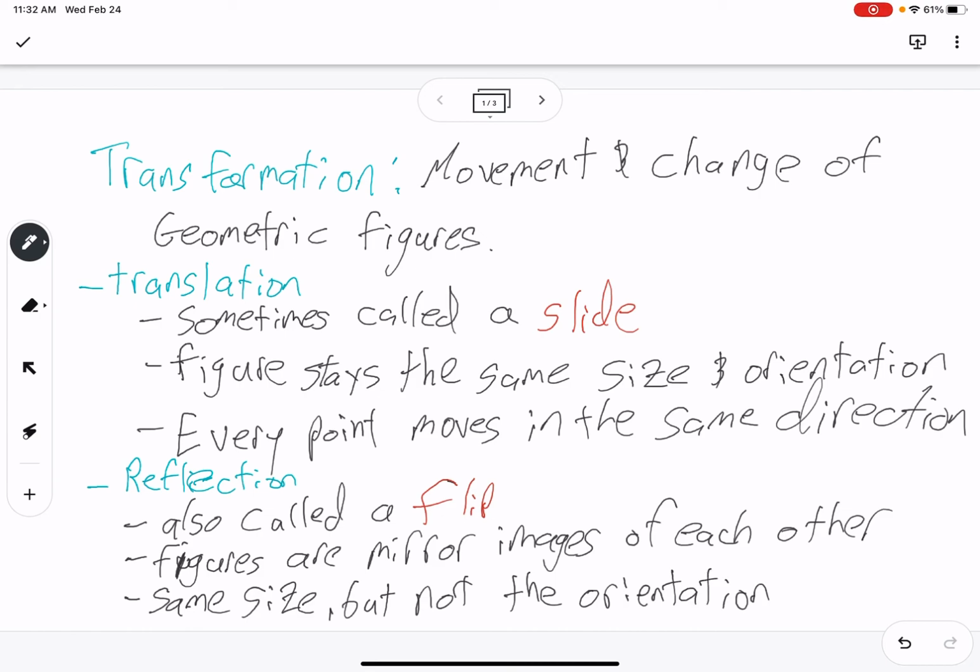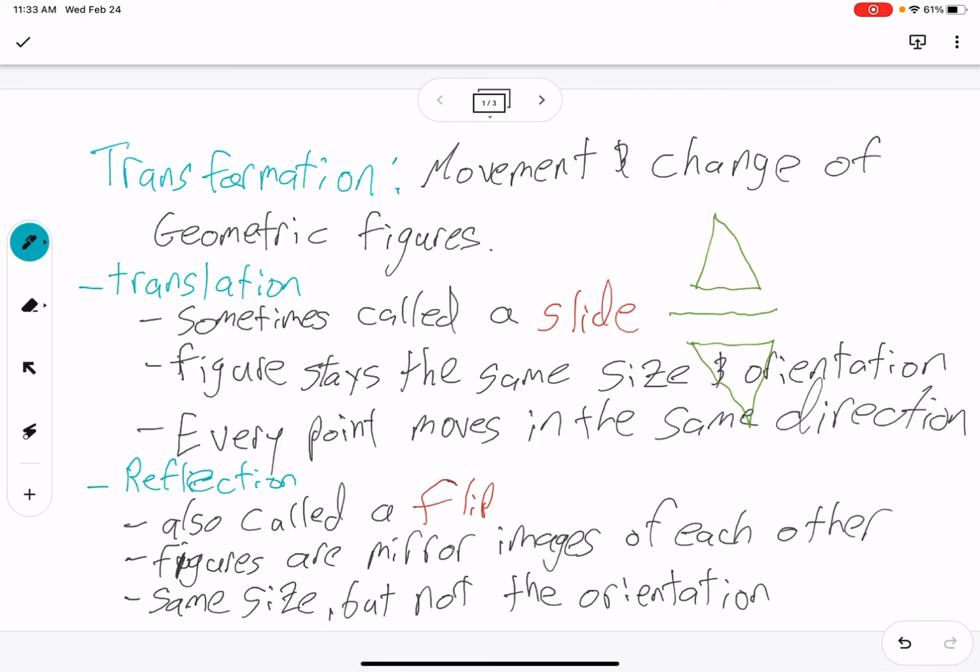So an example, let's say I'm drawing something here. If I have a, let's see, I've got a triangle and I flip it across this line of symmetry, then it would be here, exactly flipped over, okay? So it's almost like it's a mirror reflection of itself.